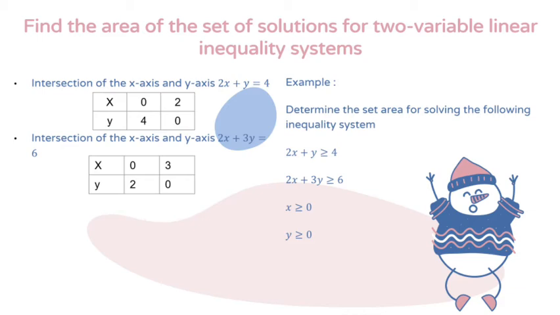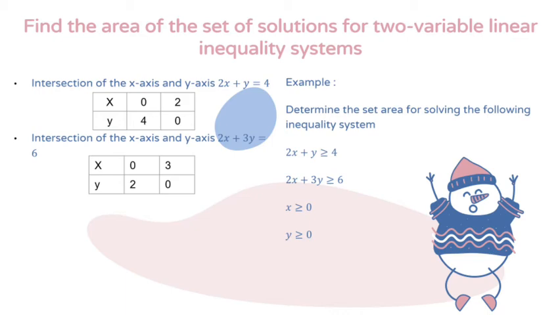First step, find the intercepts with the x-axis and y-axis for 2x plus y equals 4. If x equals 0, then y equals 4, and if y equals 0, then x equals 2.